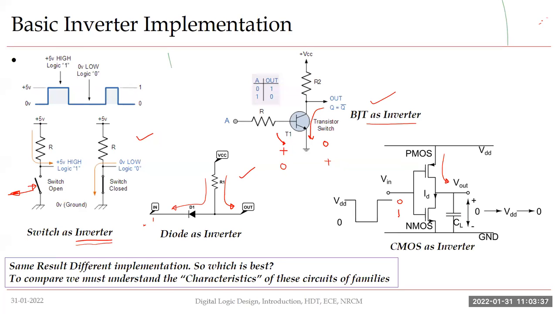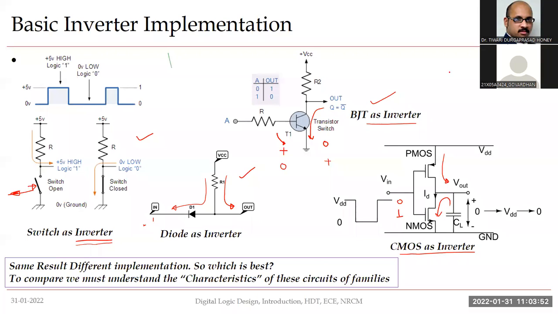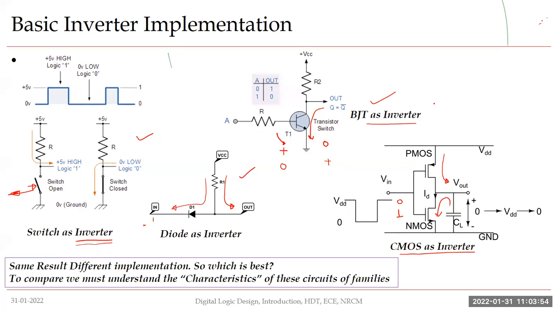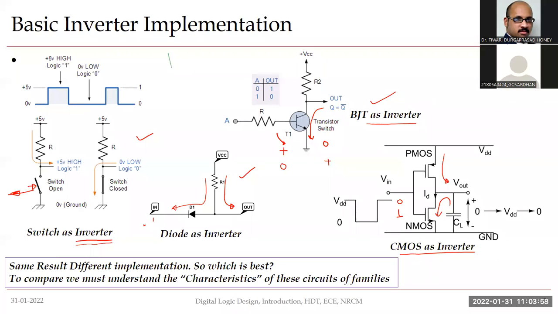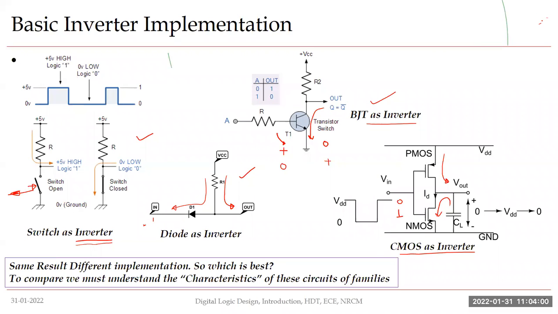Similarly, when we give 1 here, the NMOS transistor is on, the capacitor discharges through this path, and the output becomes 0. So this is a complementary metal oxide semiconductor (CMOS) inverter, which brings us to a very important conclusion: despite so many different types of implementation, each of these circuits is performing the same task.